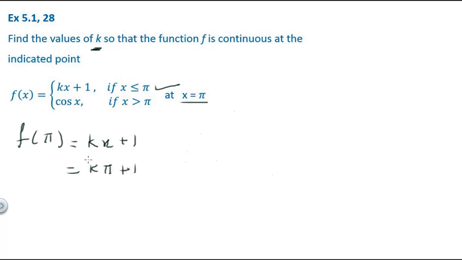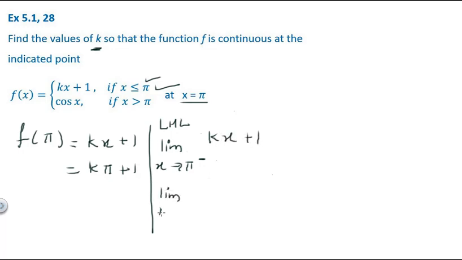Now let us find the LHL, just to see when it is less than pi. So limit x tending to pi minus, the function will be kx plus 1. Changing it to h tending to 0, we get k into pi minus h plus 1. Putting h as equal to 0, we get k pi plus 1.